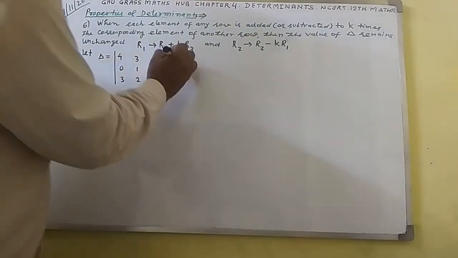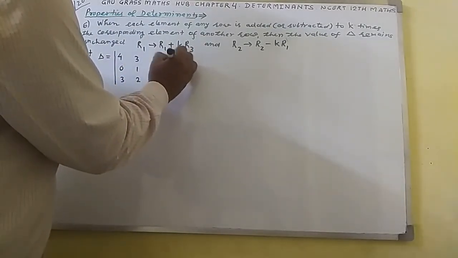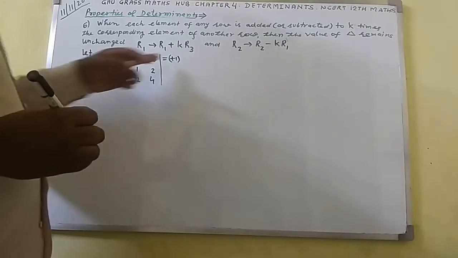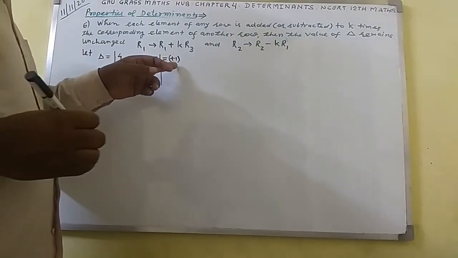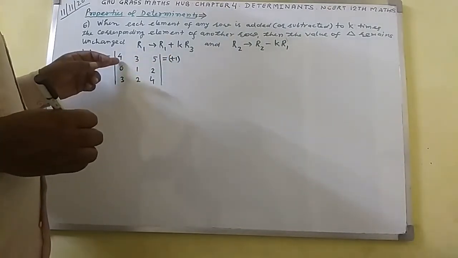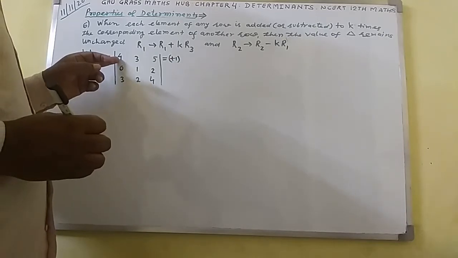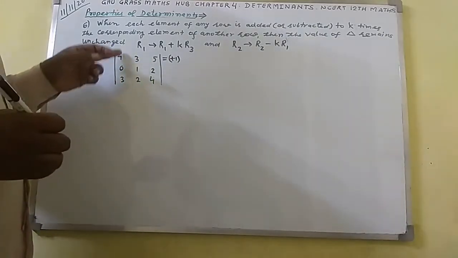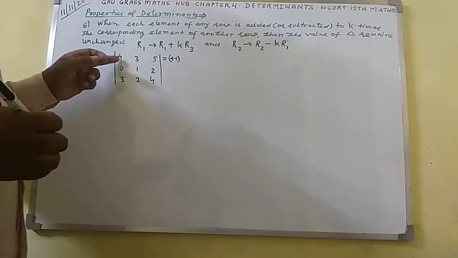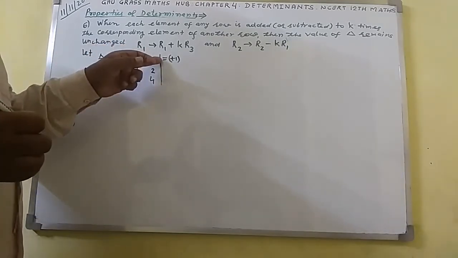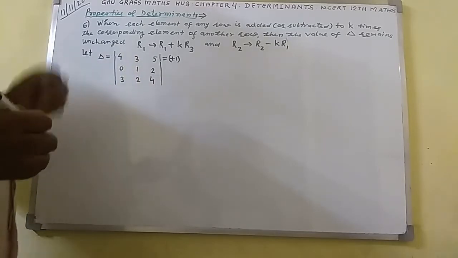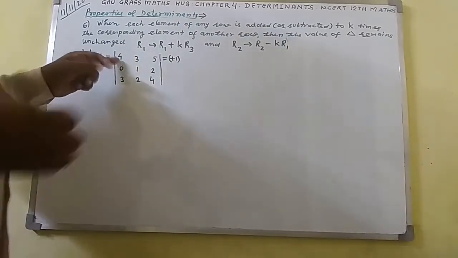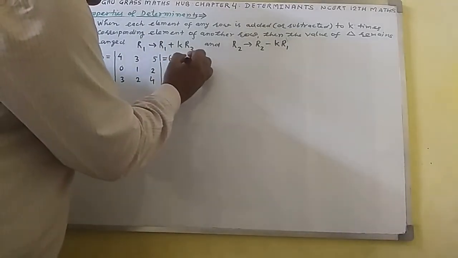So here I shall write plus 1, a fixed constant. Here you can see 4 is in the first row and first column, so here I shall write plus 4.